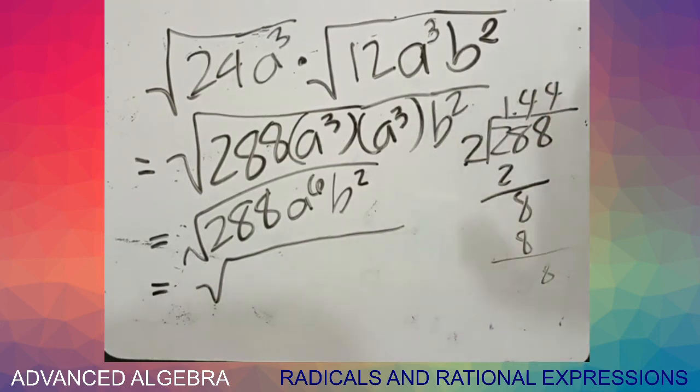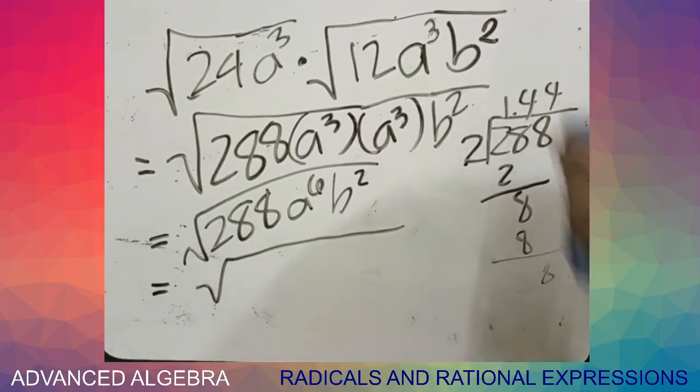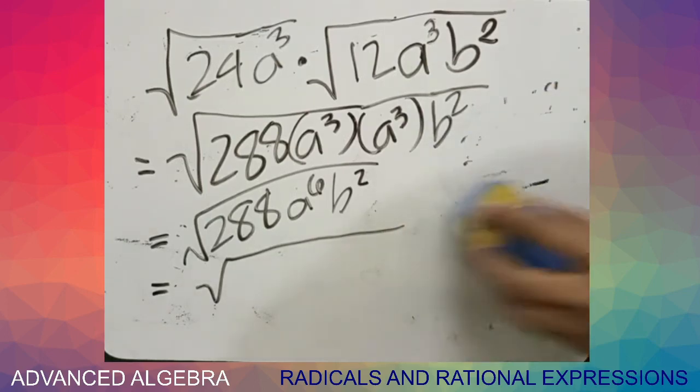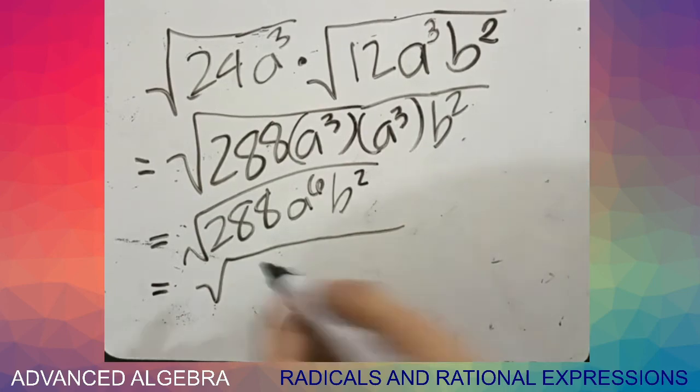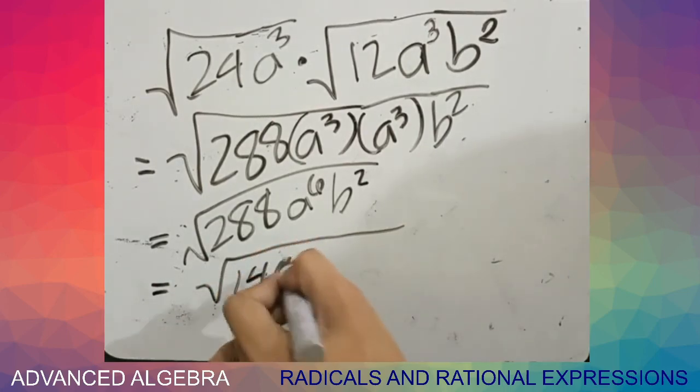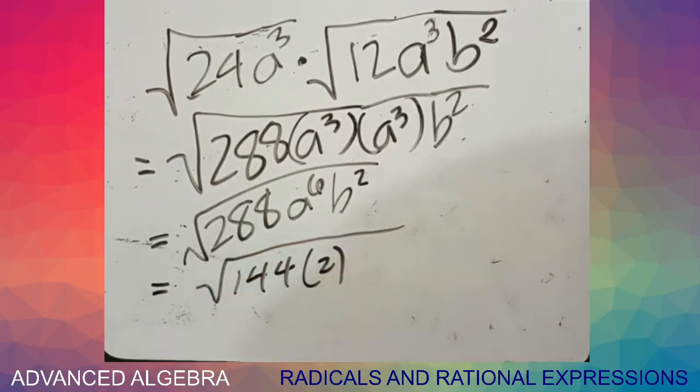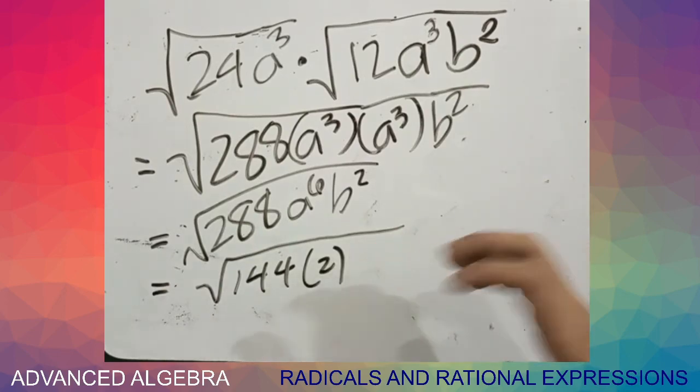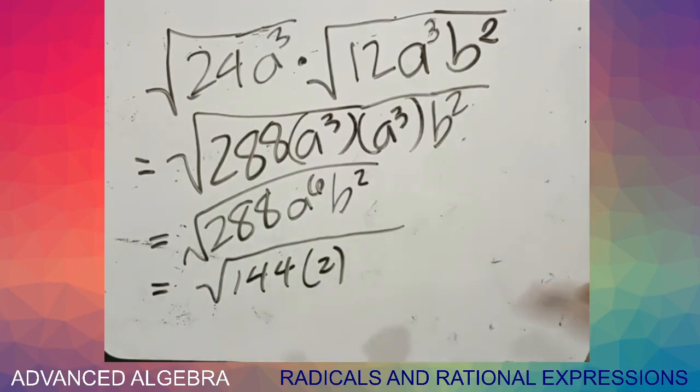The square root of 144 is 12, kasi 12 times 12 is 144. So, ibig sabihin, 144 times. Next, ano ba yung may perfect square root sa a to the 6th power?